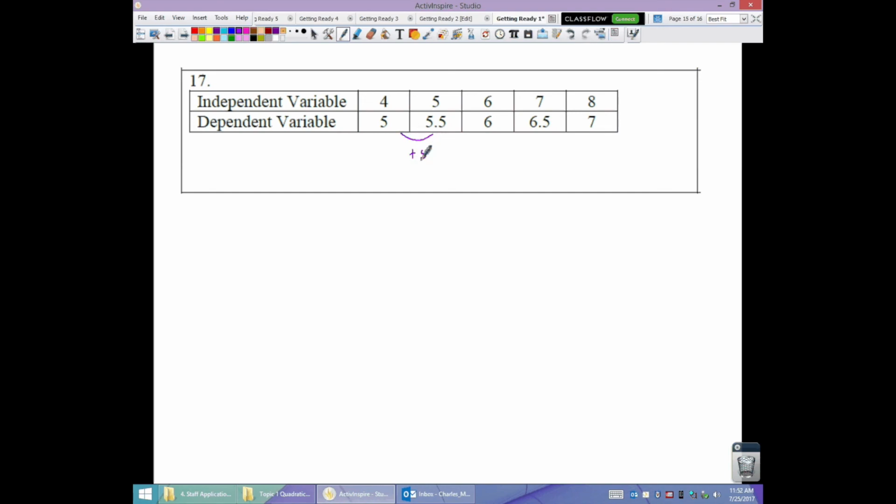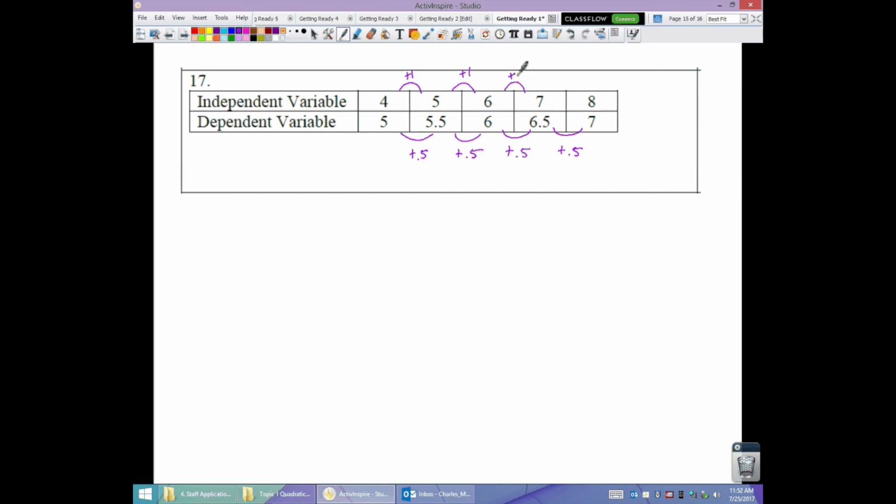This goes up a half, up another half, up another half, and up another half. So does that all by itself make the rate of change 0.5? Well, almost. It would, and it does, as long as the x's are also counting by ones. Sometimes, though, they're not.